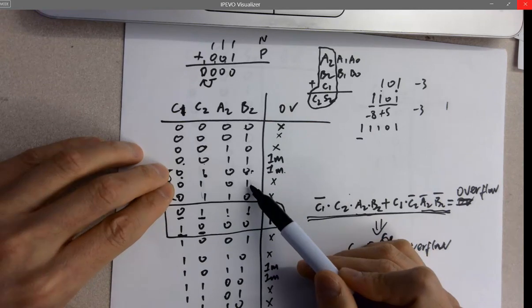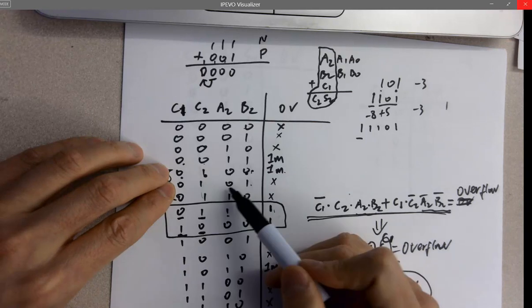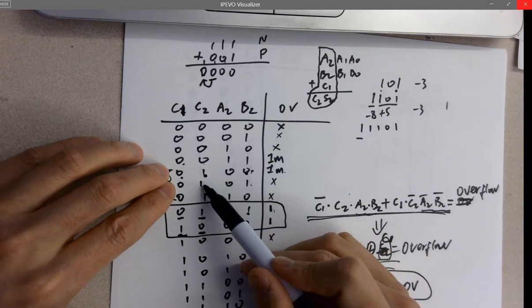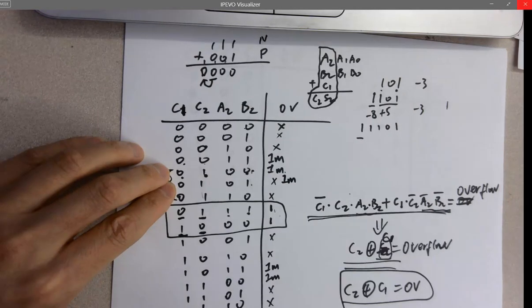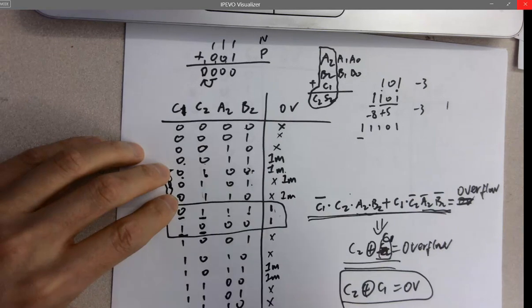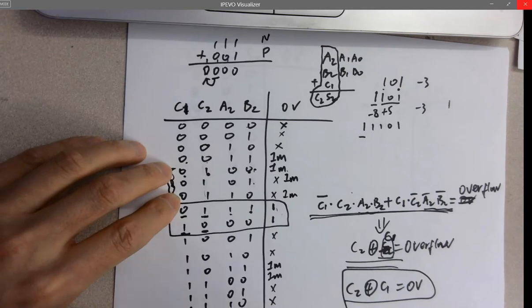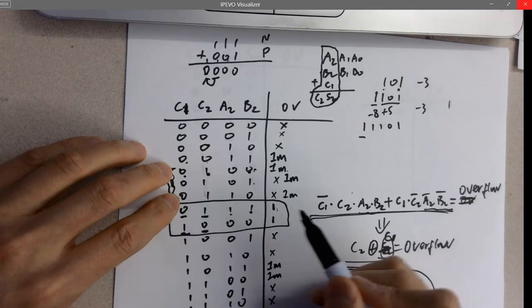This is impossible, this won't happen at all. Can this happen? It won't, because 1 plus 0 means C2 will be 0, so this is also impossible. Same for this one: 1 plus 0 means C2 will be 0. That won't happen.